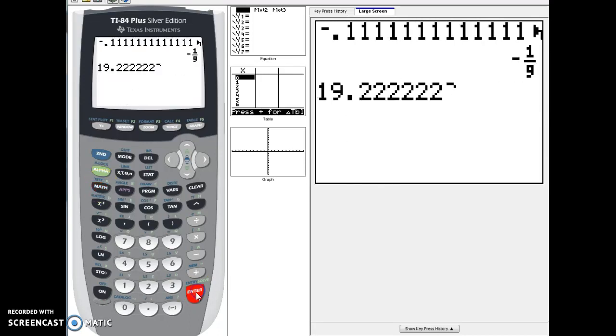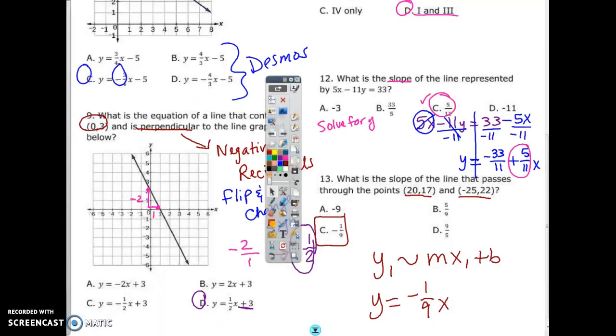Math, enter, enter, and it gives me 173/9. So plus 173/9. And it's just the slope.